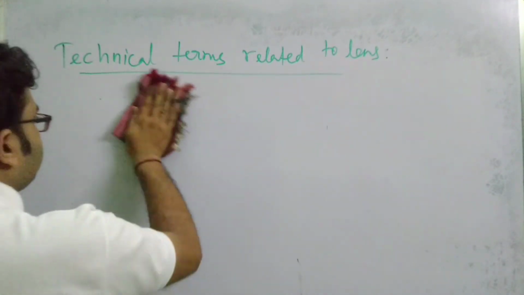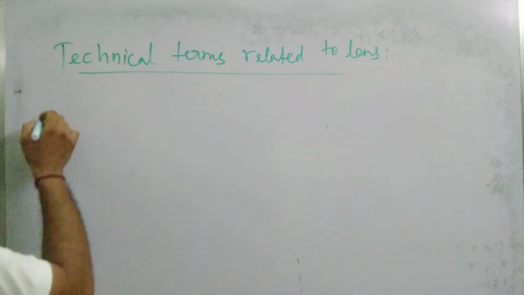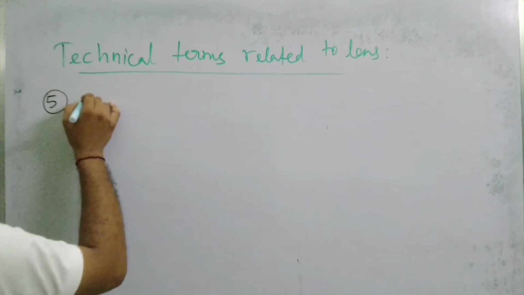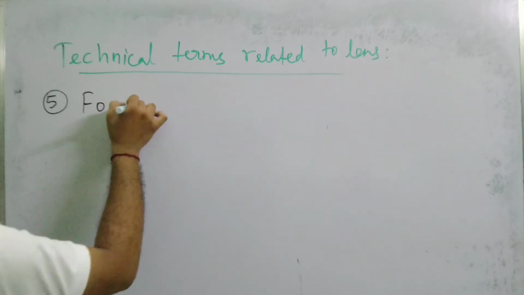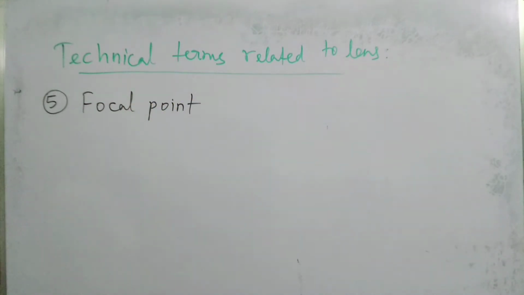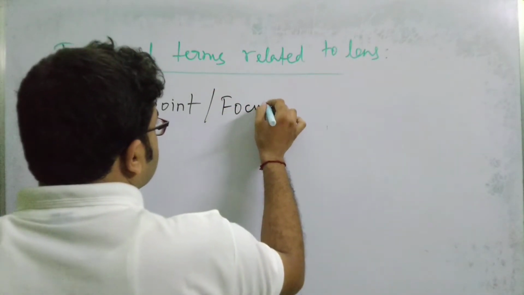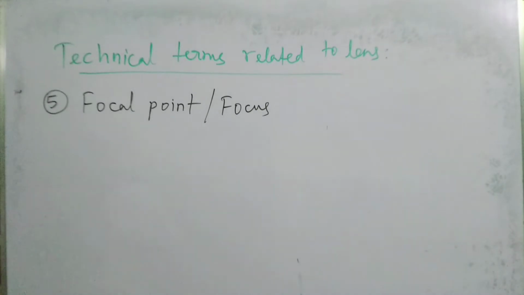Now the fifth point that needs to be discussed is the focal point. So I will first be discussing the focal point, which can also be regarded as the focus, for a convex lens and then for a concave lens.